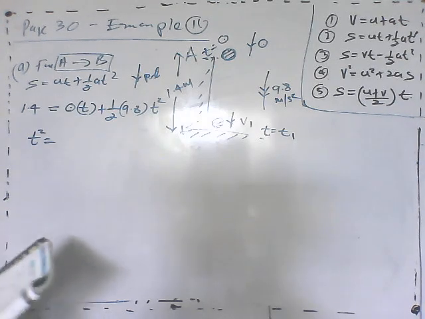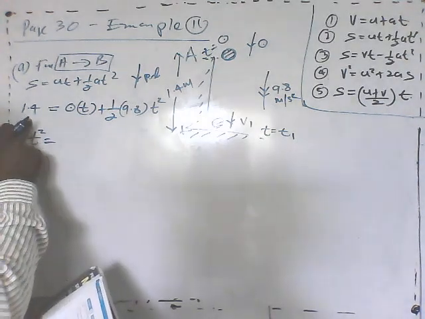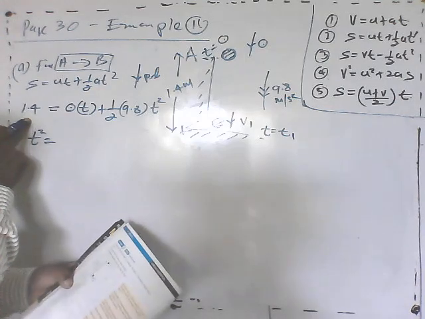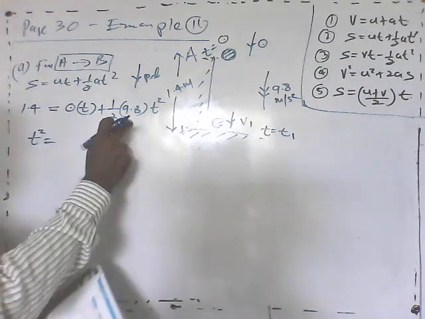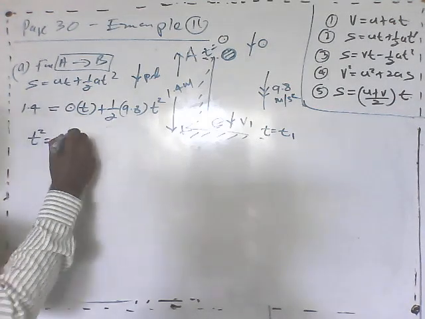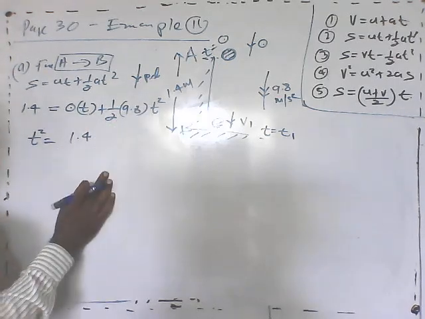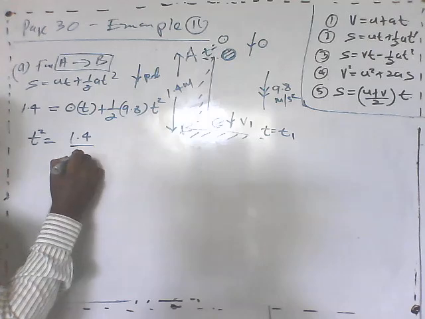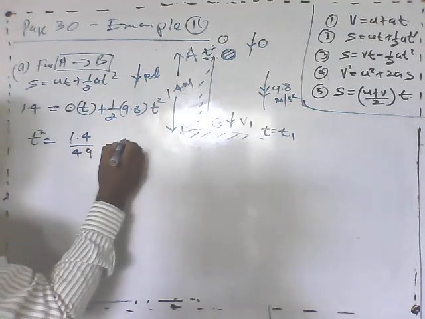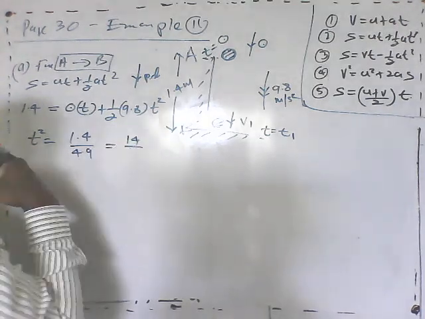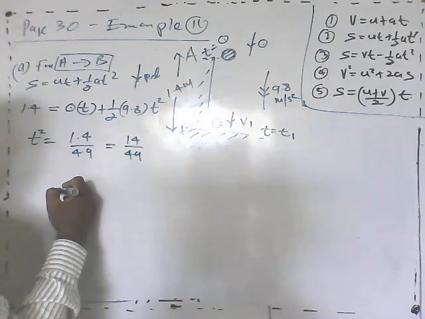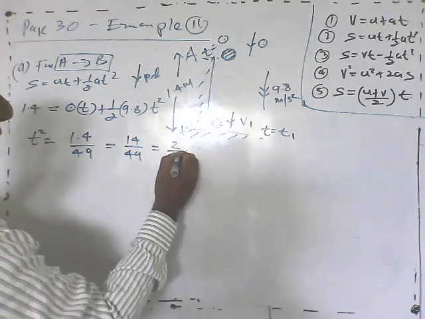Then we get t squared is equal to 1.4 divided by 4.9, and that is equal to 14 divided by 49, which is 2 over 7.